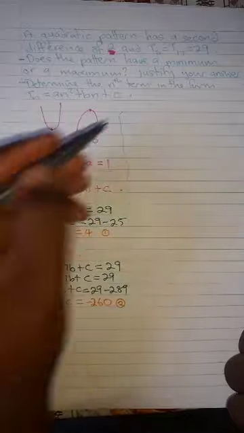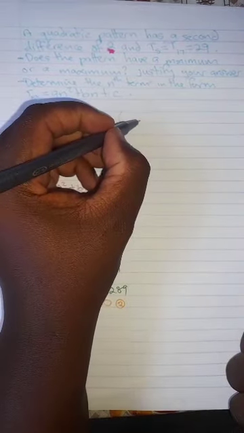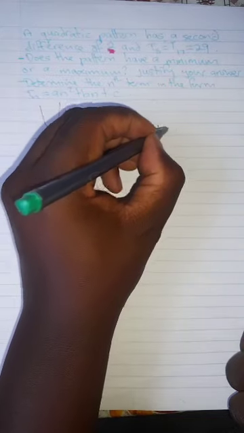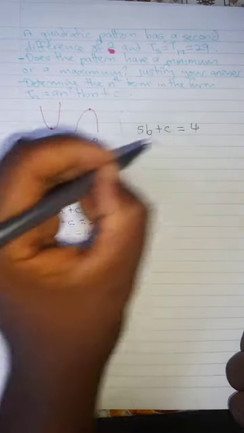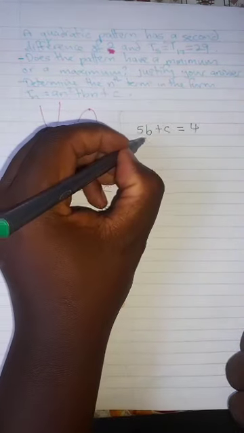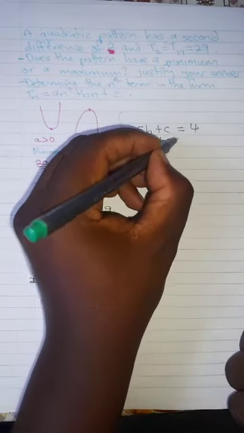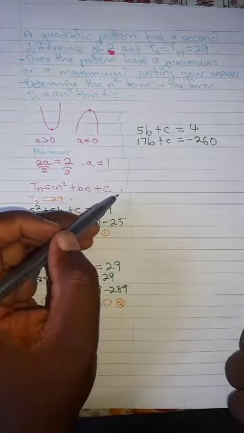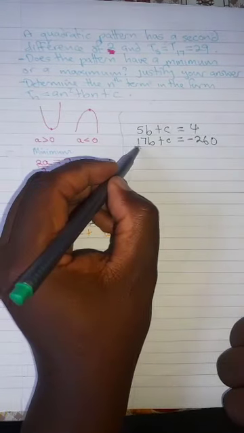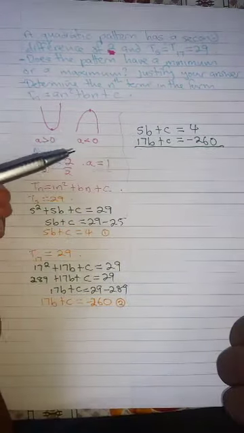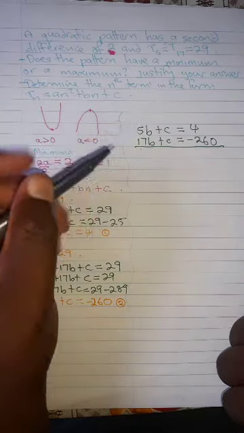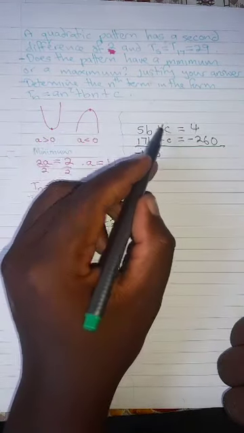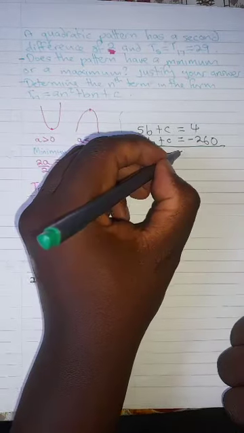Let's solve them simultaneously. 5b plus c is equal to 4, and 17b plus c is equal to negative 260, right? We can subtract here. 5b minus 17b is negative 12b. c minus c is 0.